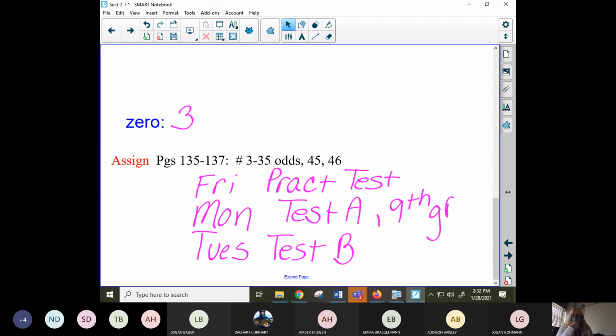I'll probably send it out in a chat, both the practice test and the key for it. Okay, so I'll do that tomorrow, probably in the morning. I'll send a 1st hour chat and a 5th hour chat. So if you check your chat in the morning, you'll see the practice test attached as well as the key for it. Okay? And then be ready for your test Monday and Tuesday.